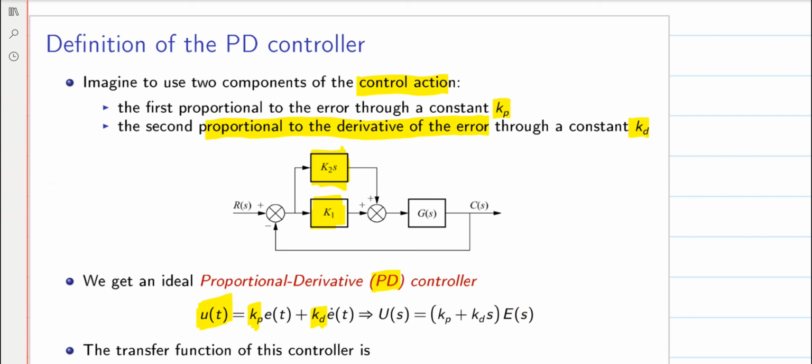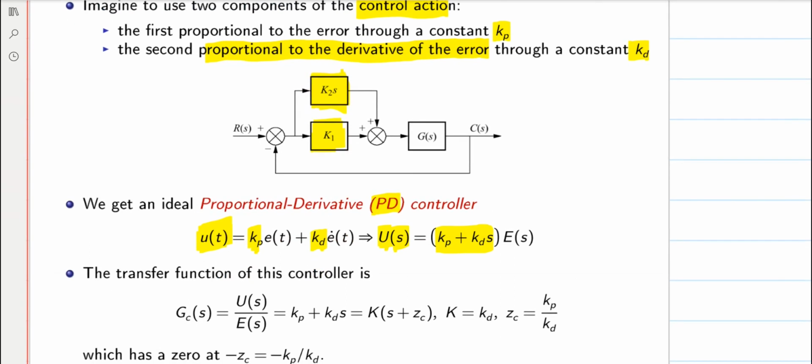And in the Laplace domain, as the transfer function, we can write U(s) is equal to Kp plus Kd times s, times E(s). In other words, the transfer function for the controller, U over E, will be equal to Kp plus Kd times s.